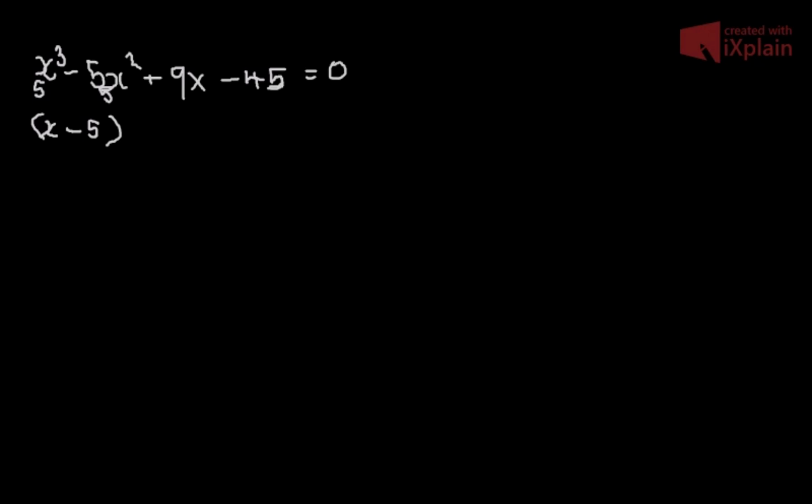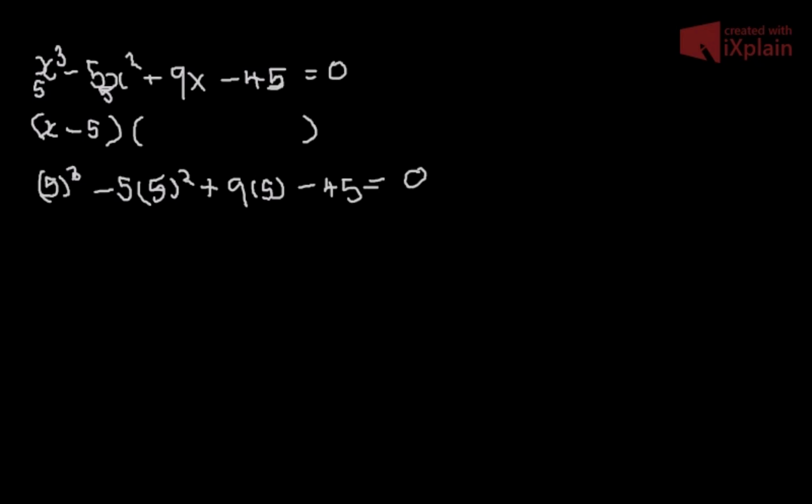So x minus 5, because I said 5 cubed minus 5 squared minus 9 times 5 minus 45. This gave me 0. Because I used positive 5 to get 0, in my method of solution I have to write it as x minus 5.